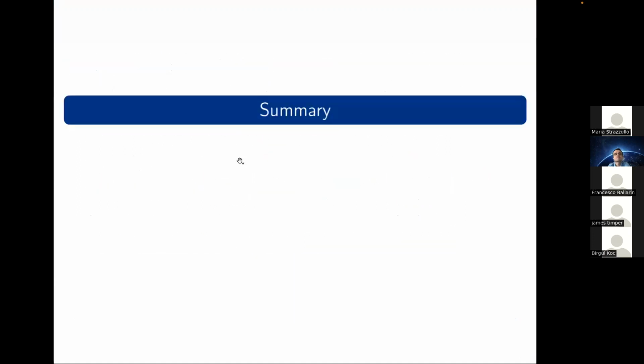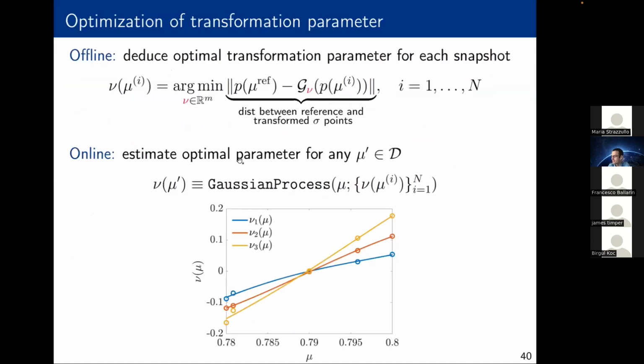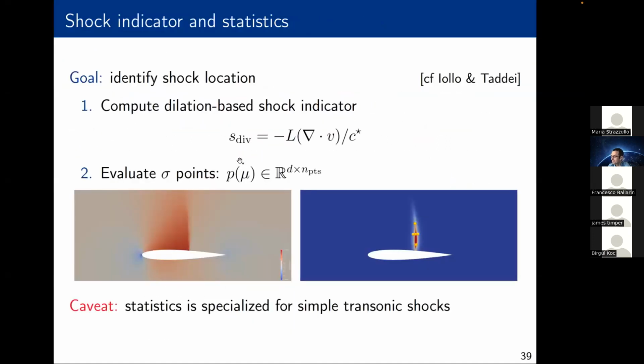Yeah, so our current formulation is quite limited. We are really just targeting these simple transonic shocks that can be described in basically a simple horizontal motion and maybe a little bit of curvature. So we are not looking at, for example, geometry over things like supersonic cylinder or something like that.